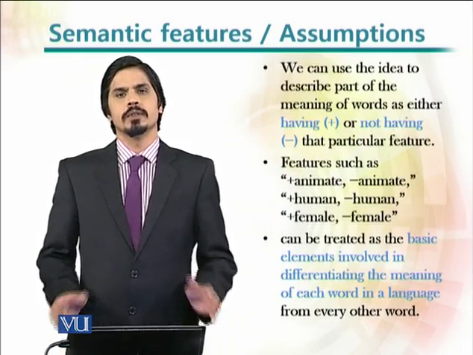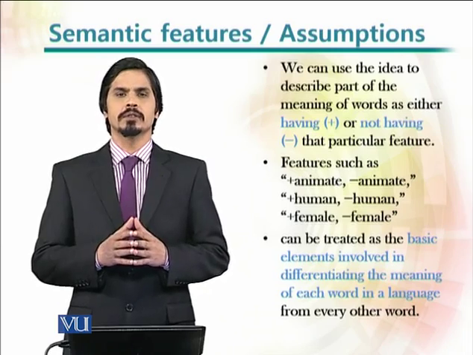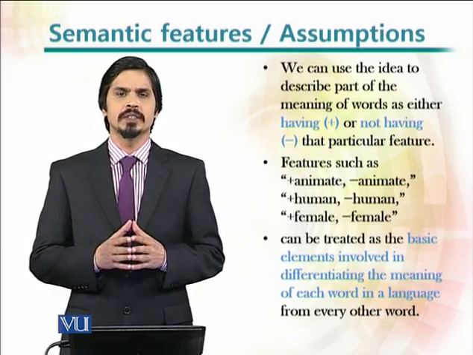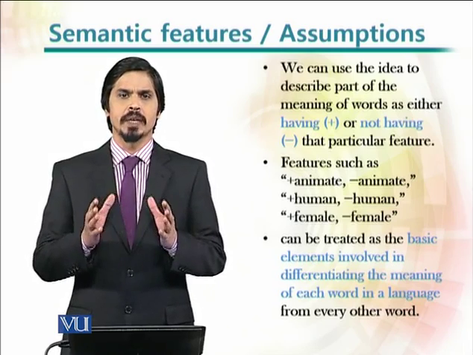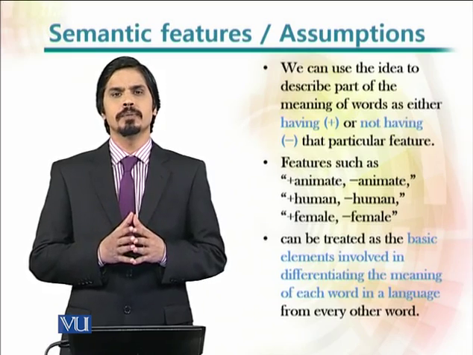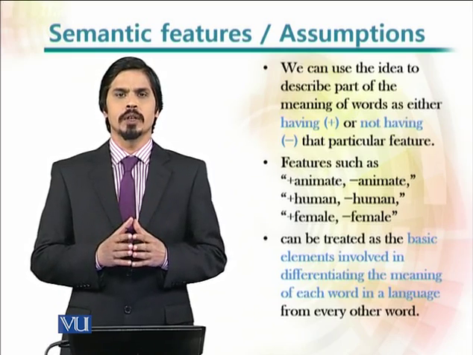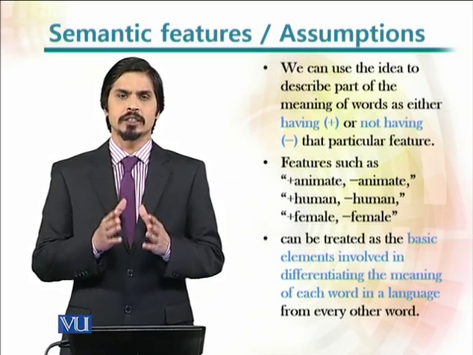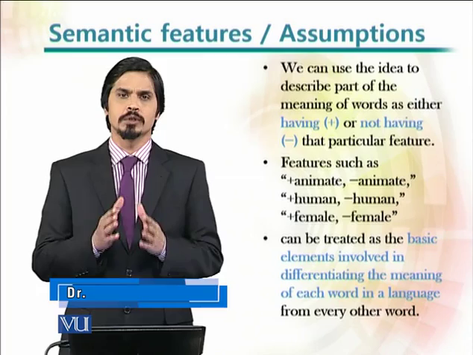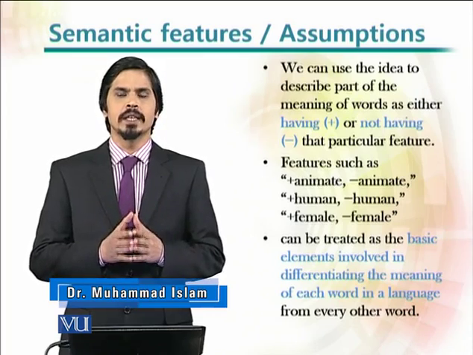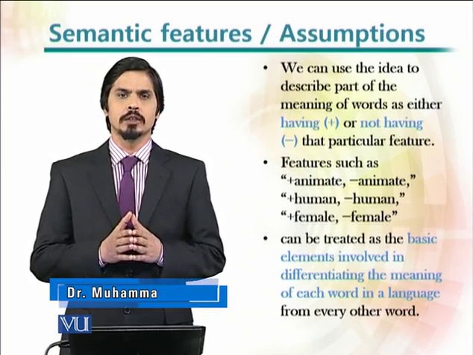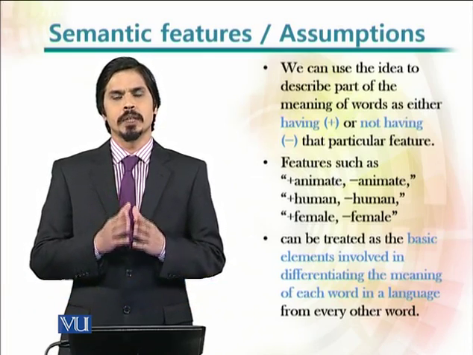In order to figure out and describe the meanings of a word in semantics, we could use certain symbols and signs as well. And this makes our semantic analysis quite easy. For example, we could add the symbol of plus with those things or ideas which are associated with the meaning of a word, and the symbol of minus with those ideas which are not included in the meaning of a word.